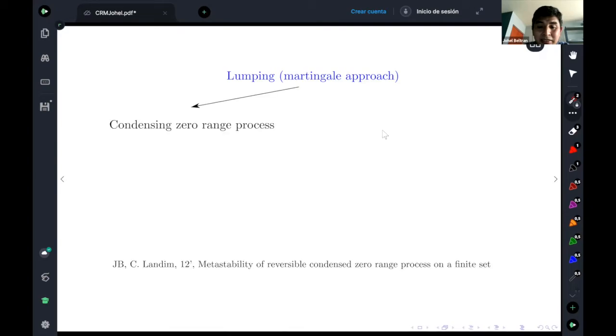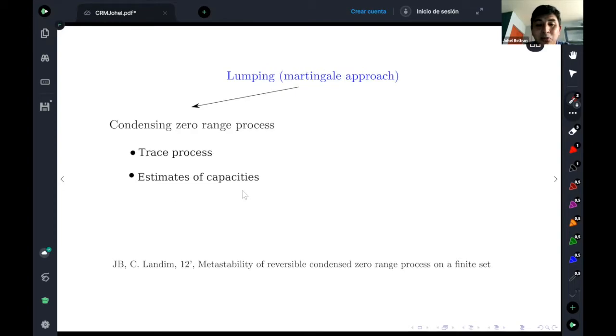The first model for which, with Claudio Landim, we succeeded to solve this lumping problem was this model of condensing zero range process. For this special model, in order to implement this Martingale approach, we use these tools, among other tools, which are the trace process. We need to take a trace of the zero range process.